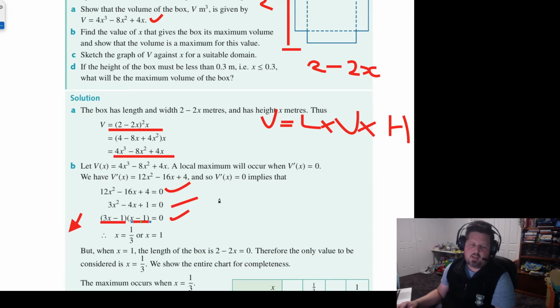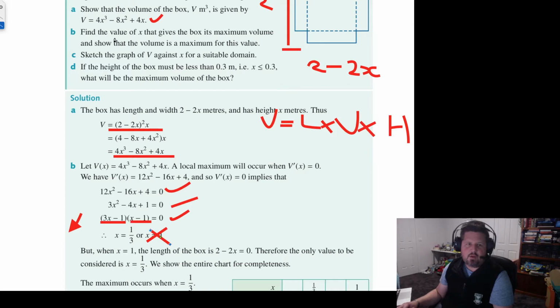So you can't actually cut in 1 from both sides and still have that length. You won't have a box if you do that. So the value you need to consider is just x equals 1/3. Cutting in 1/3, you'll still have something there.